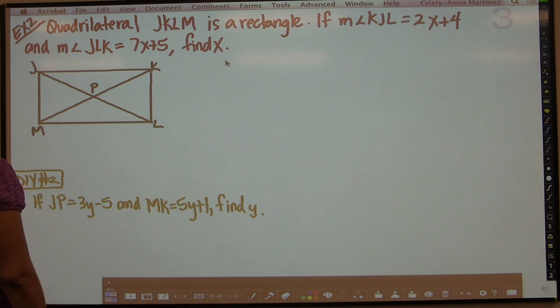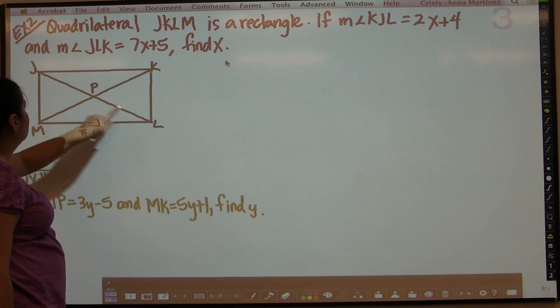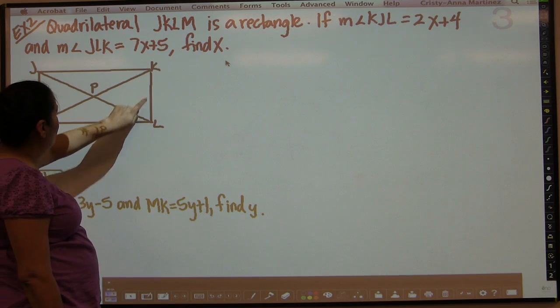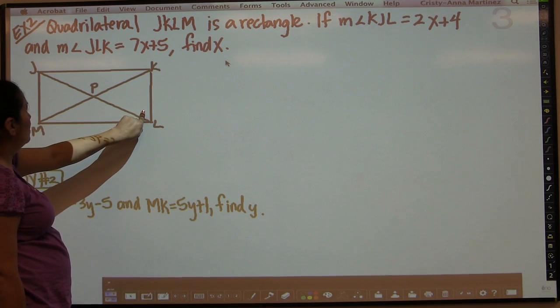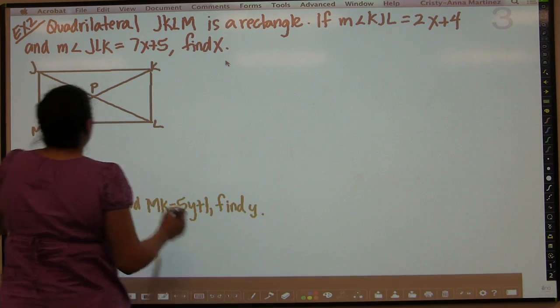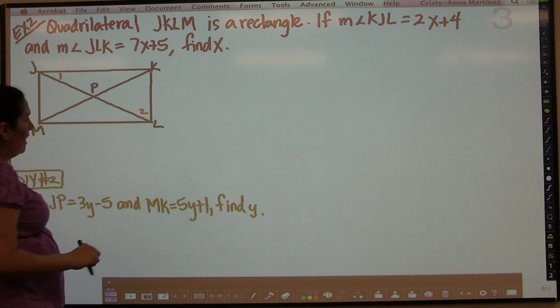In example 2, it says quadrilateral JKLM is a rectangle, and if the measure of angle KJL, so here's KJL, this angle right here, is 2x plus 4, and the measure of angle JLK, over here, is 7x plus 5, find x. So basically what they've given us is this angle here and this angle there, angle 1 and angle 2.